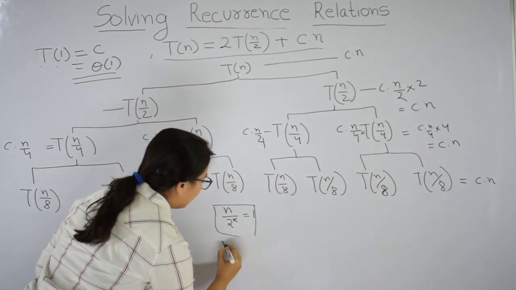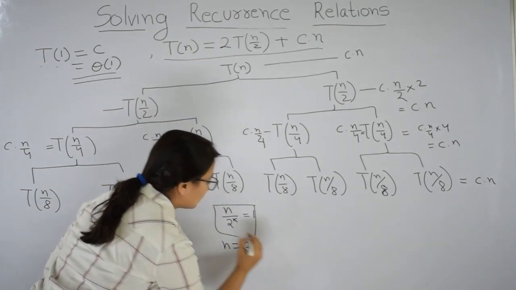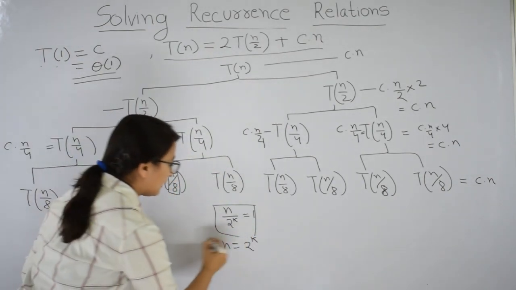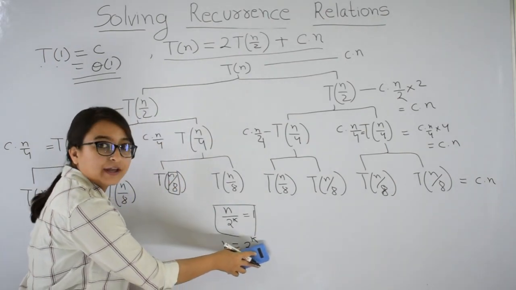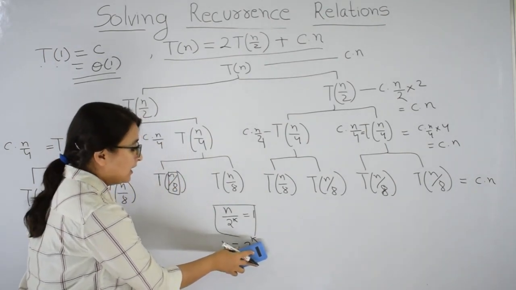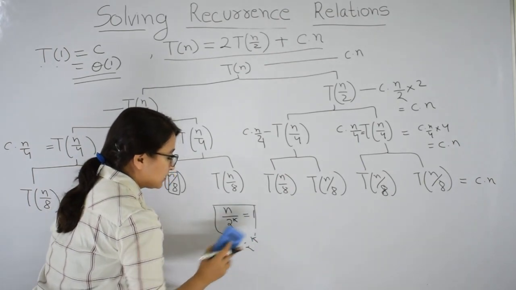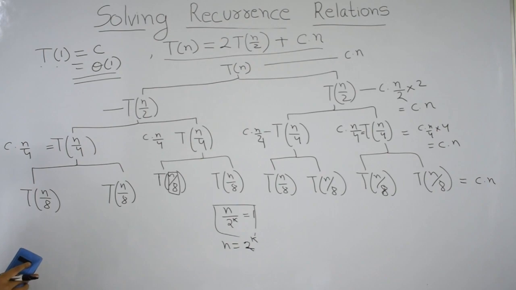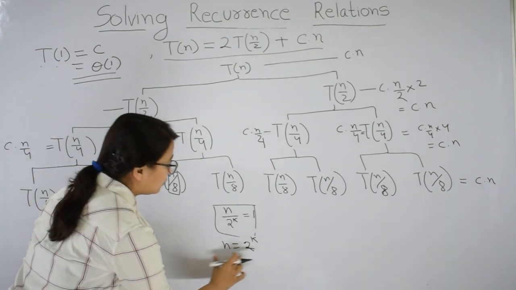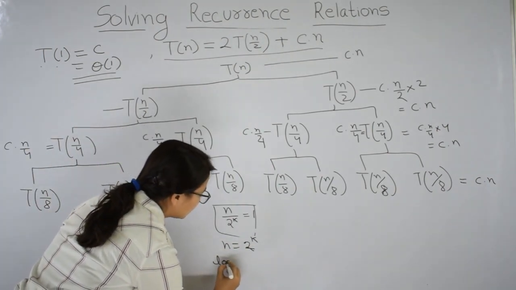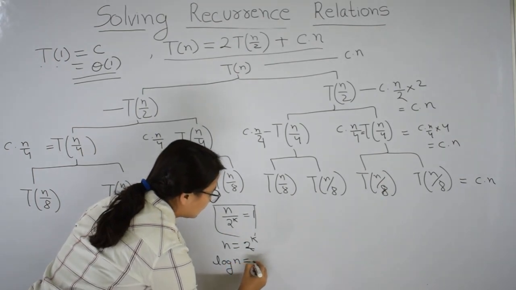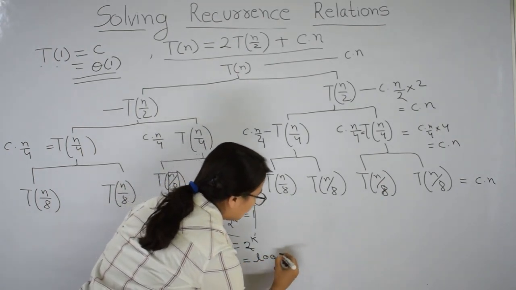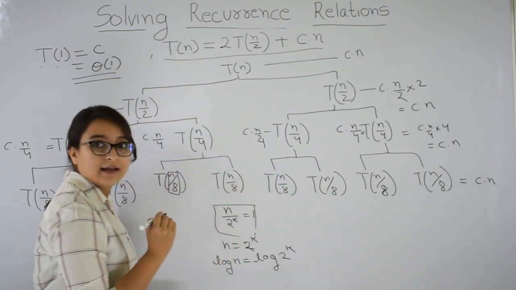So here we can say that n is equal to 2 raised to the power k. So we have to find the value of k over here, because what we need is the number of levels in our tree. So n is equal to 2 raised to the power k. We can take log on both sides. So log of n is equal to log of 2 raised to the power k.